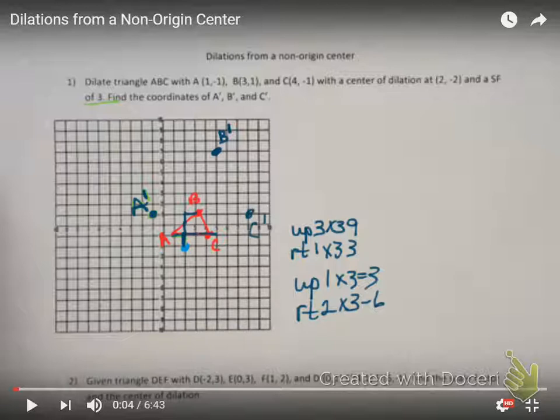And there's C prime. And I connect the dots. What I'm going to ask you to do for this is to write your ordered pairs. So A prime is actually (-1, 1), and then B prime would be at (5, 7).